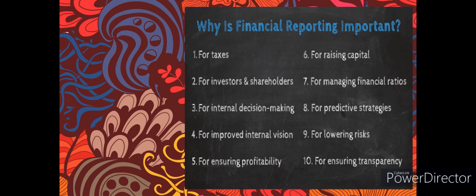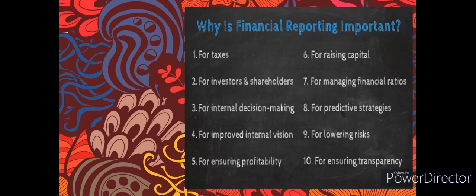Next is for predictive strategies. Whatever strategies we are going to make or predict, we need some report. This report will help the company to make strategies for the future.